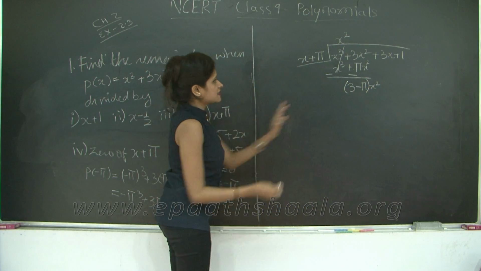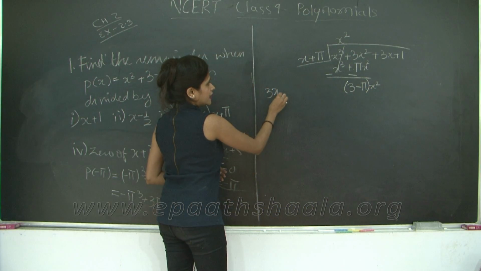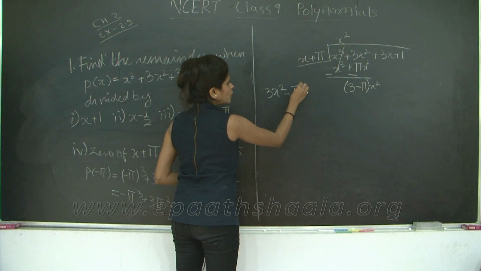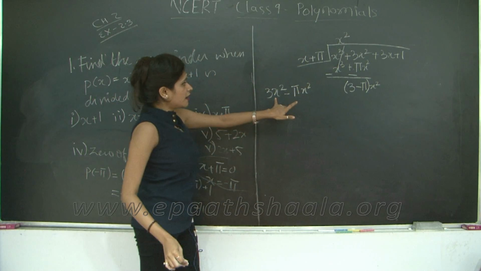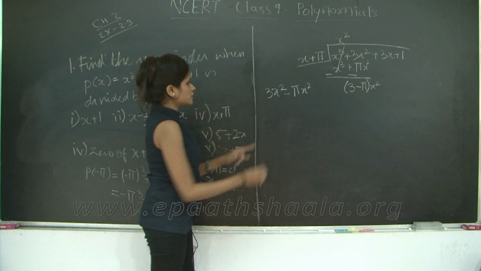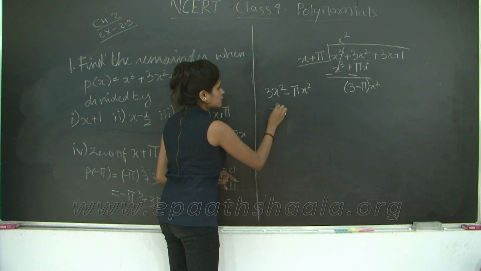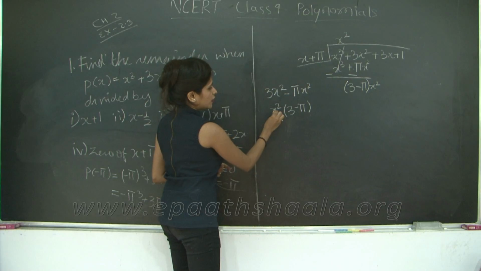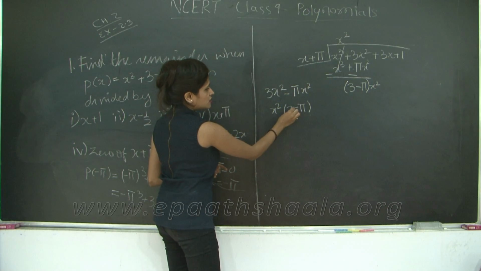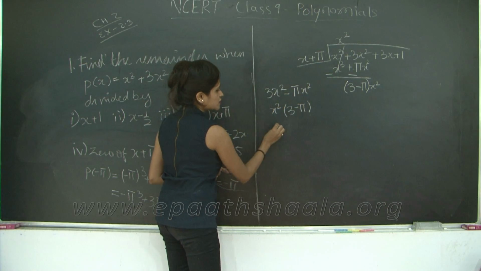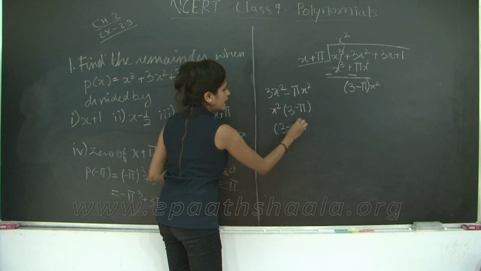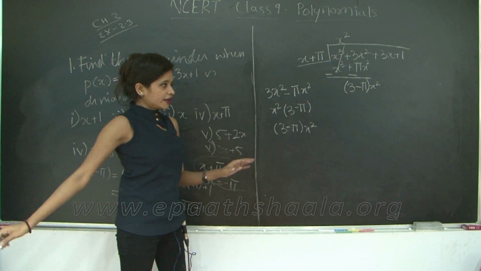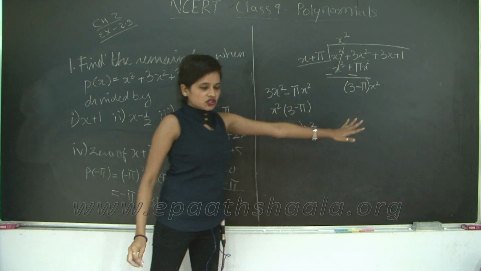If you do not get this, look over here, 3x square minus pi x square. I just need my variable term outside. So I am just going to take x square outside and write it as 3 minus pi. See, when you open the bracket, you get 3x square minus pi x square, which is nothing but 3 minus pi x square.